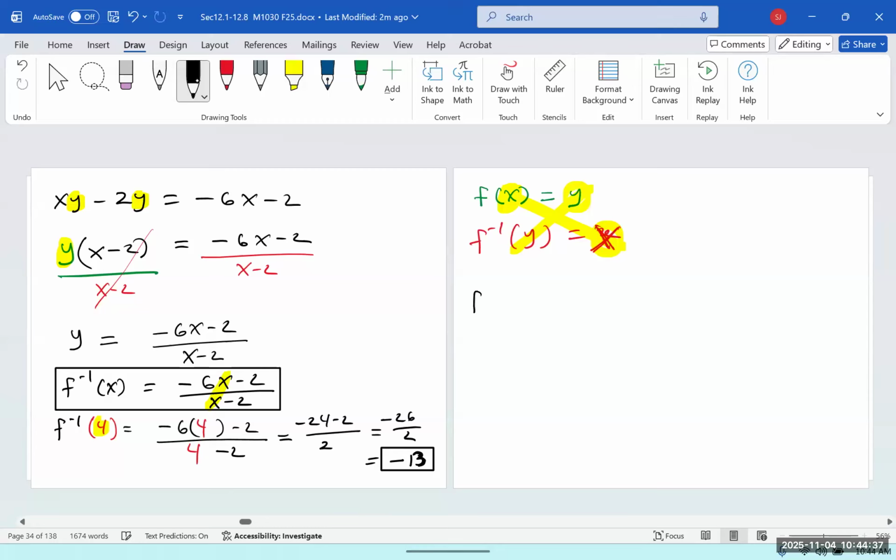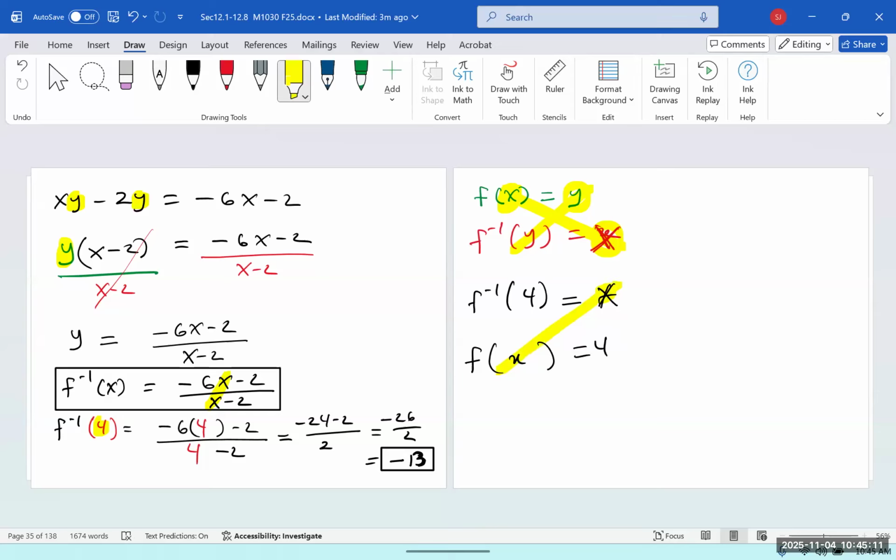So they gave us f inverse of 4. How are you going to connect this to the original equation? If f inverse of 4 is something, we don't know what, how can you connect this with the f function? f of x equals 4. Whatever you have here goes inside your f function, and whatever the inverse function gives goes on the y value for the f function.